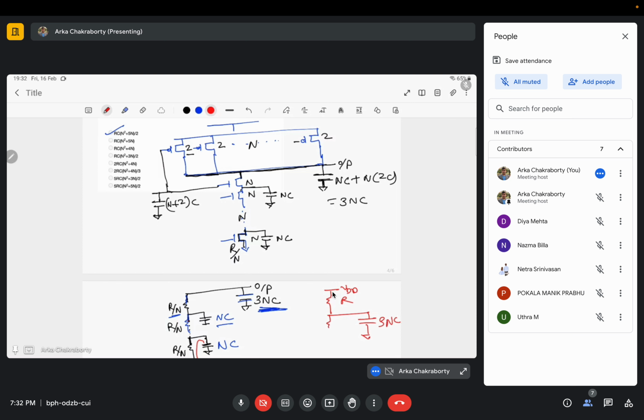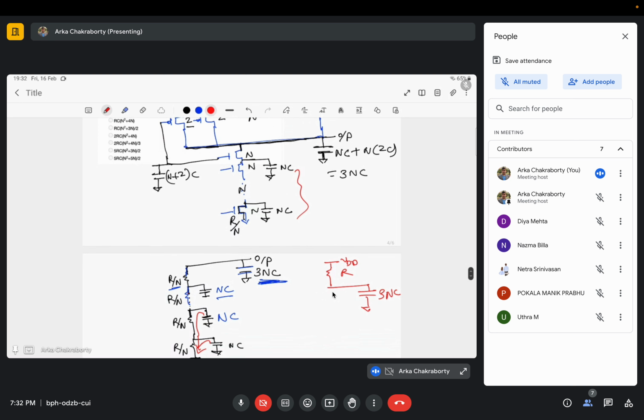And these terms will have no effect because it is in the falling one. So simple. And will the nC's have an effect? Let me check. Okay, in the linear delay model, these nC's will have no effect, right? But in the Elmore delay model, you have to consider this also.